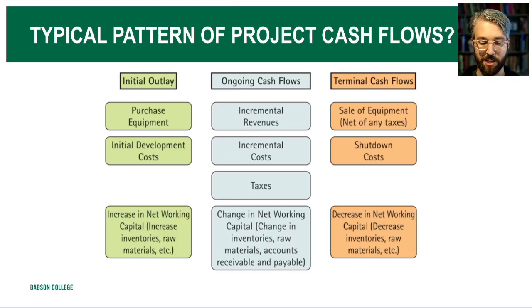So we would typically expect that the cash flow impact of purchasing equipment is going to be negative, that initial R&D costs are going to generate a negative cash flow, and most projects are going to require an initial increase in net working capital. So in order to get the thing going, we're probably going to have to build up inventories. We may have to increase the amount of cash we have on hand. We may have to put raw materials in factories. So typically, we're going to see that most projects have a negative initial outlay.